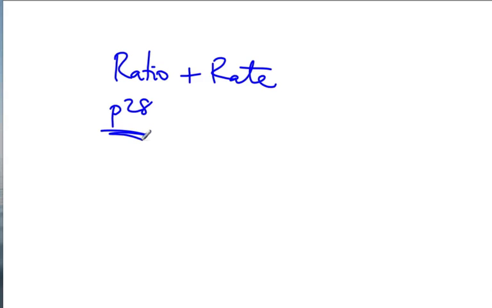Average speed. So the point is, rate compares 2 different things. In this case, distance with time, otherwise known as speed. Those 2 things compared are a rate as opposed to ratio. That's the fundamental difference between the 2 things. We will be looking at this from page 28 on tomorrow, on Friday.